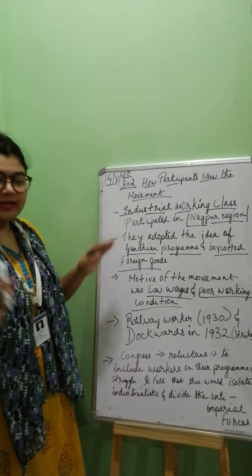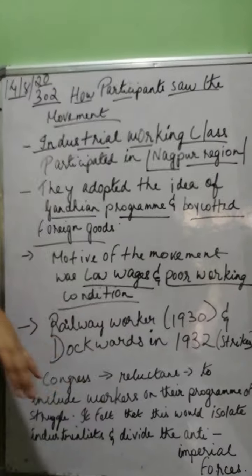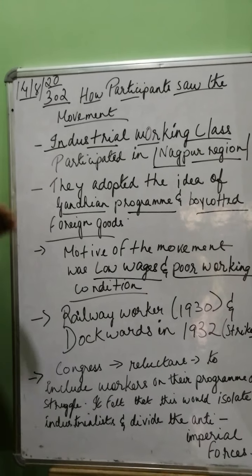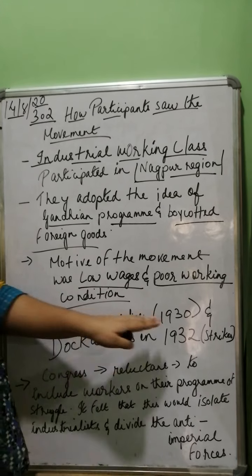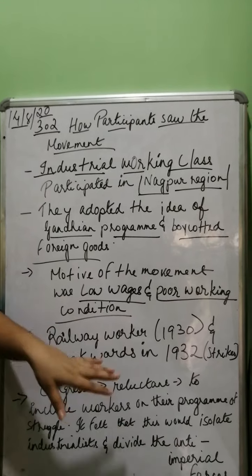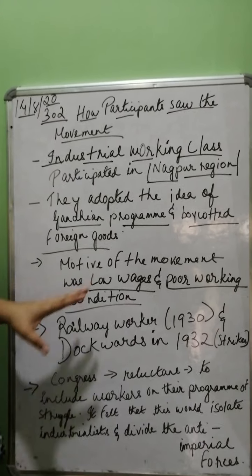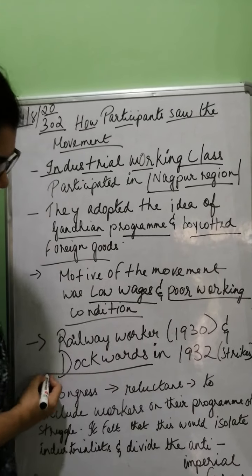One example of it was railway workers, who participated and also went on strike in 1930. So they had done a strike in 1930 to support this civil disobedience movement. And also dockyard workers. Now what do you mean by dockyard?